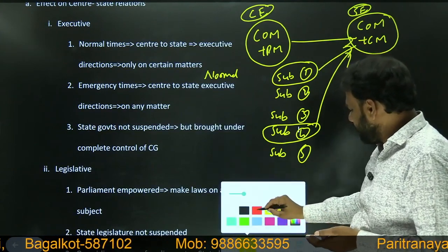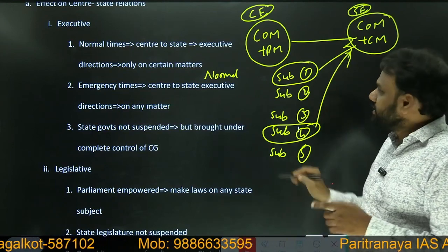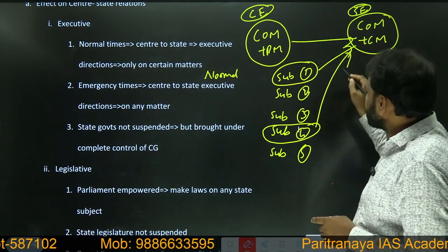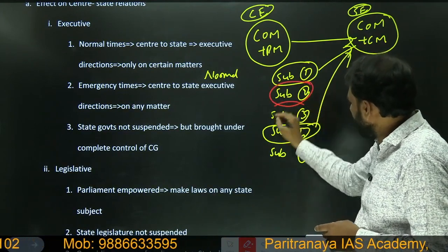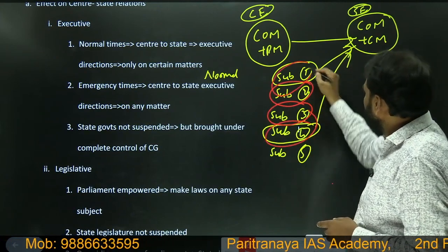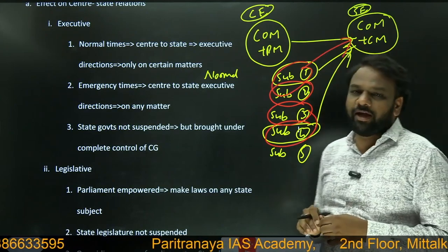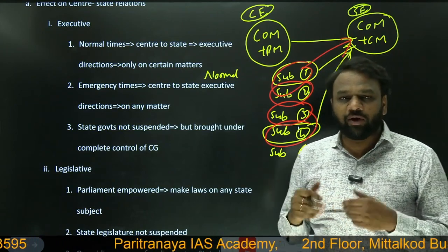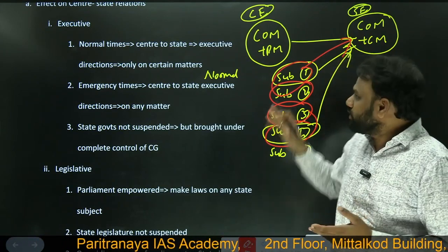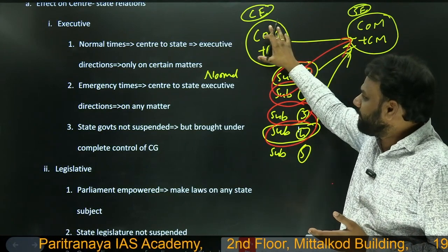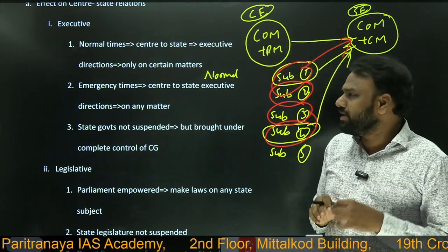But during emergency, center can issue directions to states on all matters. So now the Council of Ministers headed by the Chief Minister cannot act according to their wish. They have to act as per the directions given by the center.